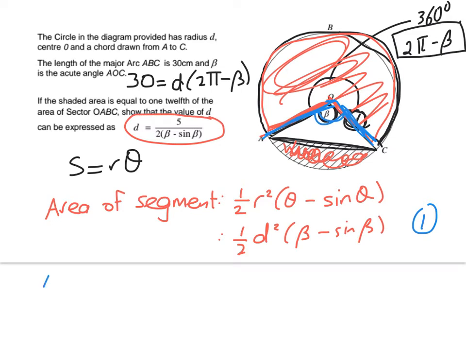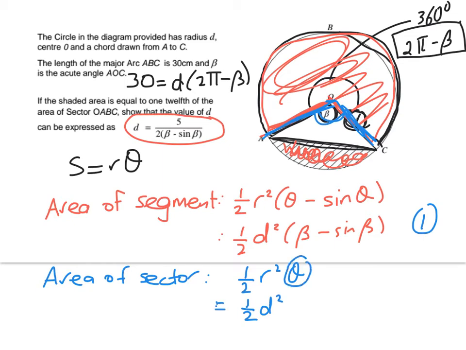And now we've got the area of a sector. And that's half r squared theta. In our case, we can substitute in, so it's 1/2 d squared. And what's my angle? Well, again, I'm working with a major sector.